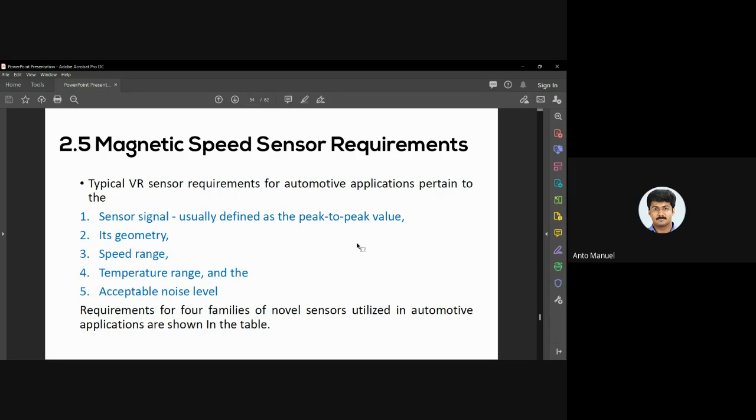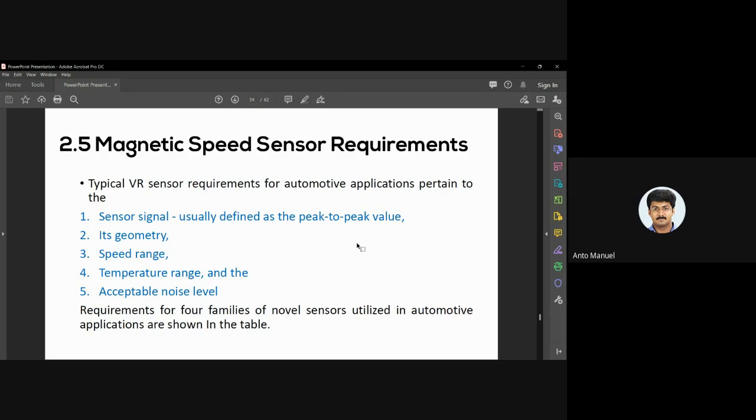Okay, and here we can say one point: your speed sensor gives a small change in the output, the output would be in the microvolt range, which is very small when we consider it.